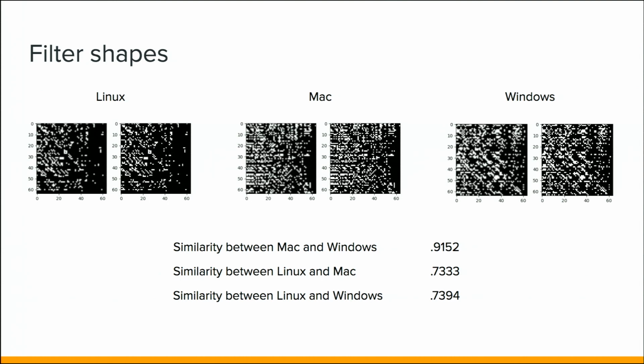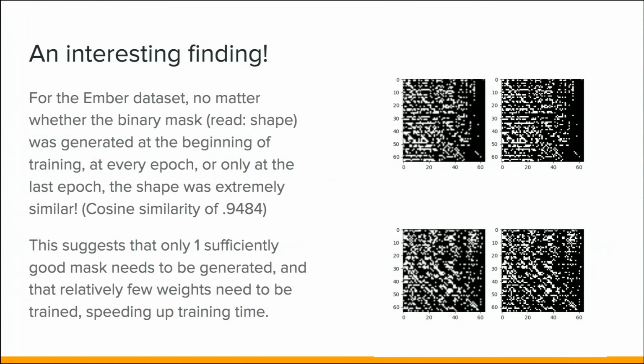The other thing that was really striking to me was that when we were training and saving these masks off at the end of every epoch, they looked really similar every single epoch. So we have a filter generated by the first convolutional layer at the end of the first epoch, and a filter generated by the first convolutional layer at the last epoch.